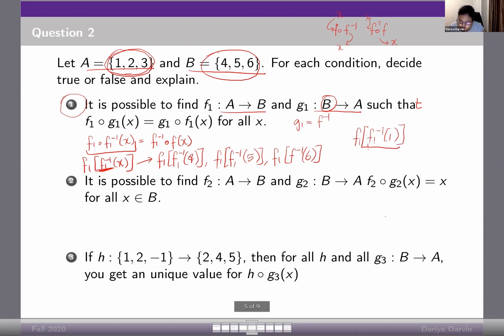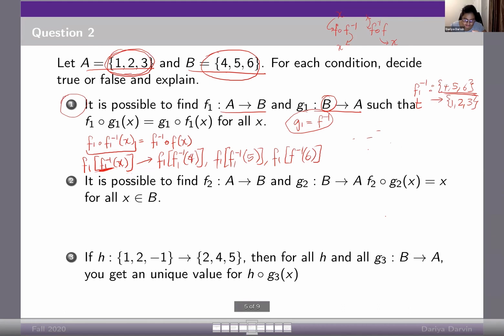You first have to do F1 inverse, which we called G1. F1 inverse is only defined from 4, 5, 6 to 1, 2, 3. You cannot give in 1, 2, or 3, or 0, nothing like that can go as an input because it's outside the domain of the function. So the only inputs you can give into this function are 4, 5, and 6, which is its domain.